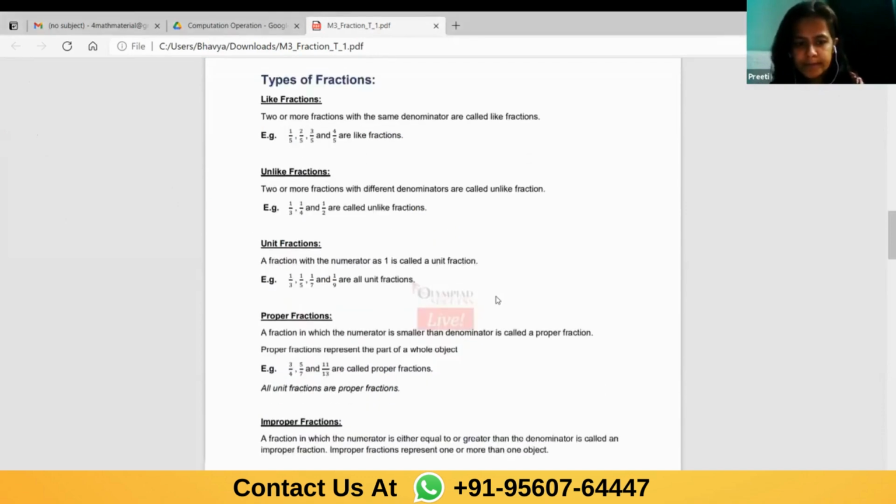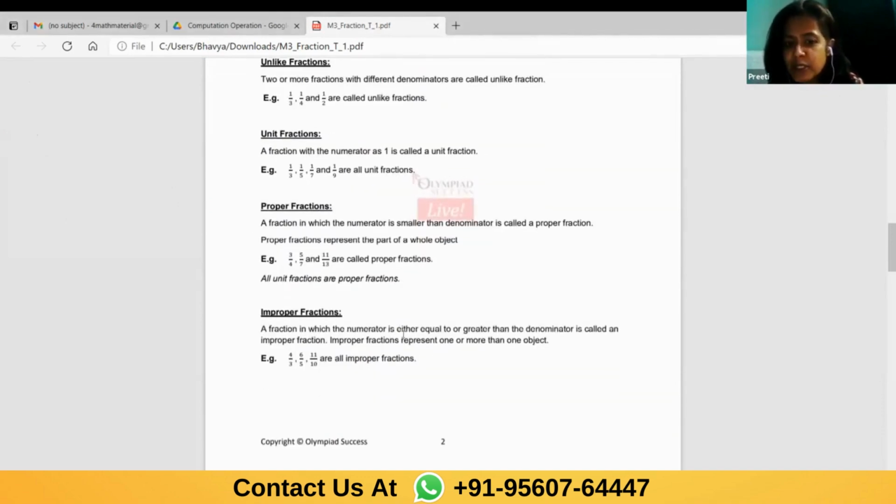Children, when your numerator and denominator become equal, I will come to that also. But keep in mind that whenever your numerator is bigger than the denominator, then the fraction is an improper fraction.